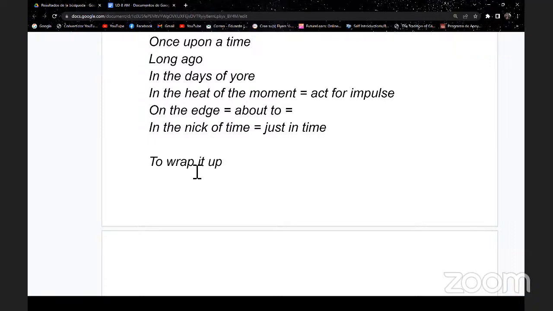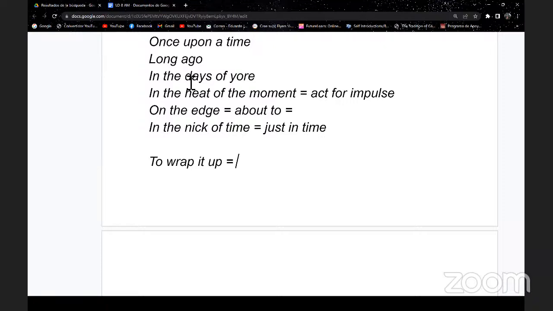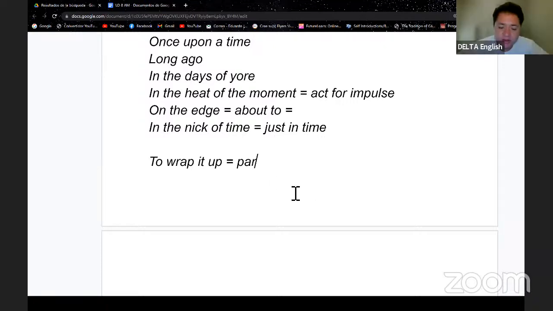Wrap it up is when you're speaking, and esto es como algo que puedes decir para concluir. To wrap it up es como para concluir y dices la idea que quieres concluir. So you can say in English to wrap it up.